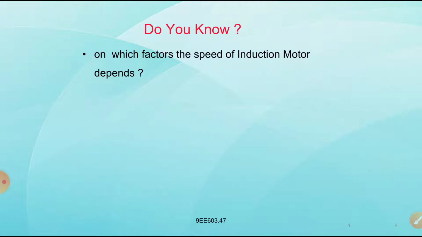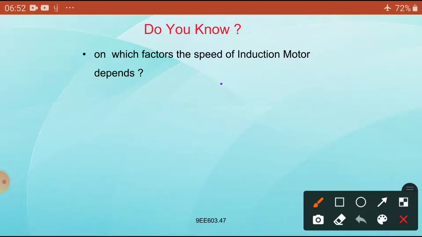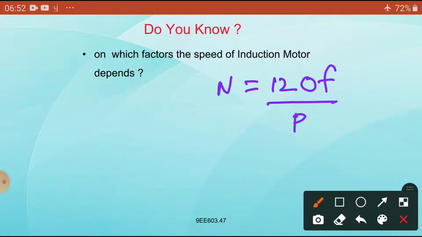So what we have seen. On which factors does the speed of the induction motor depend, dear students? We know that N is equal to 120 F by P. N is directly proportional to the frequency.